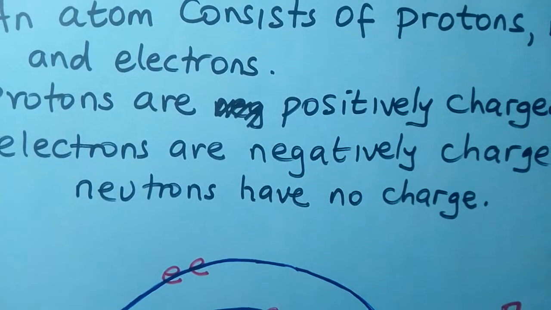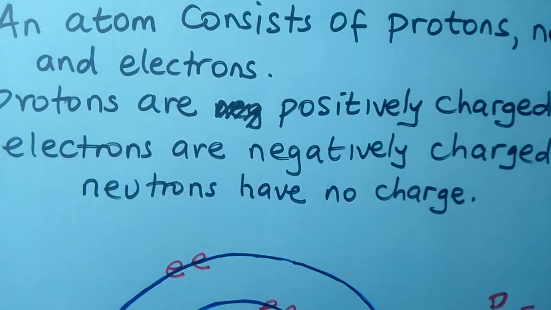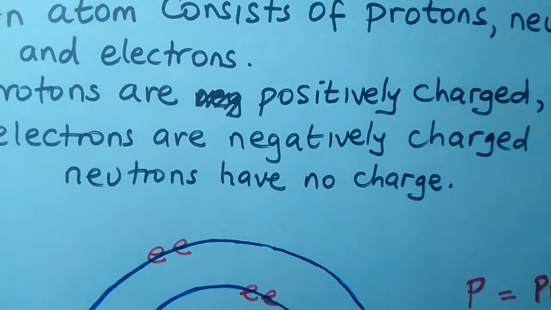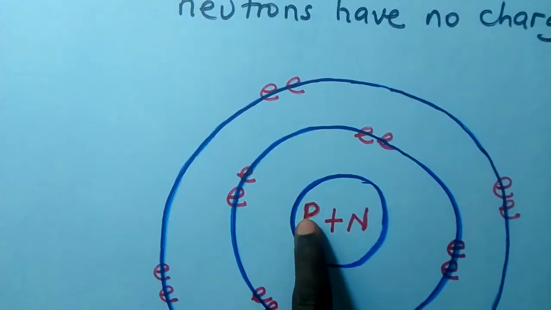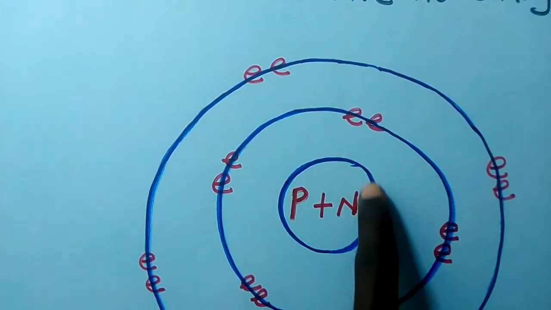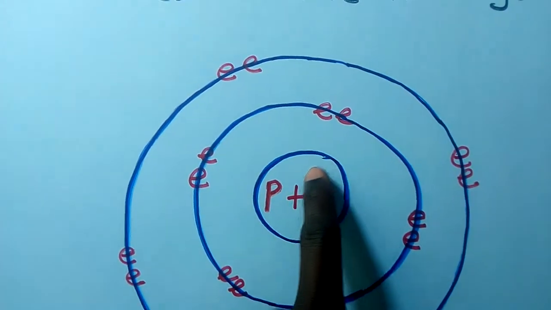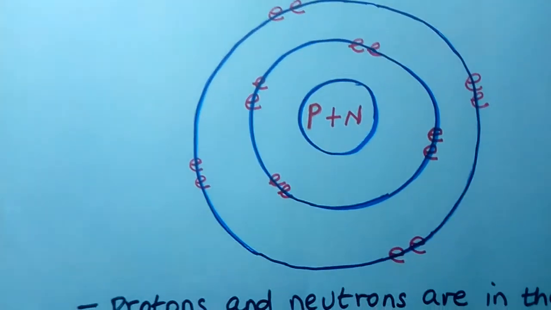It is even easy to remember. Neutrons are neutral, meaning that they don't have positive charge, they don't have negative charge. So therefore, they have no charge. So we have said the protons are positively charged. The neutrons have no charge, but they are inside the nucleus, the center of an atom. Then these electrons, which are in shells, are negatively charged.